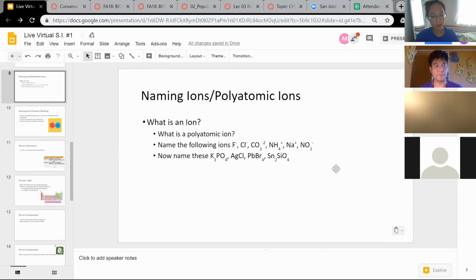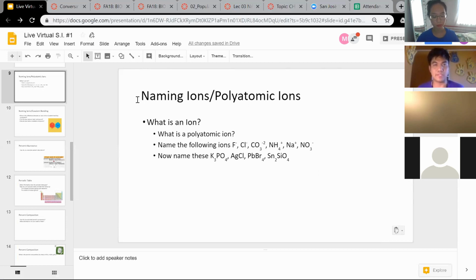When you look at the periodic table, which I have in a couple of slides, you will have to know where that specific portion is. And yes, transition metals are the ones that have multiple different charges.